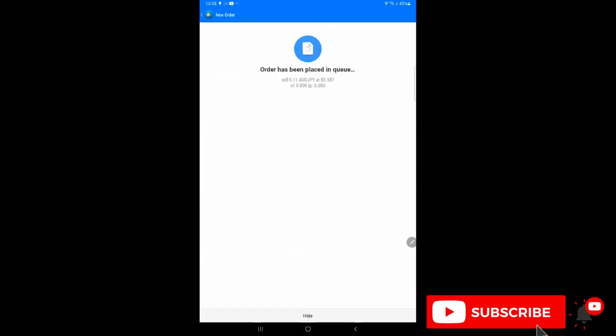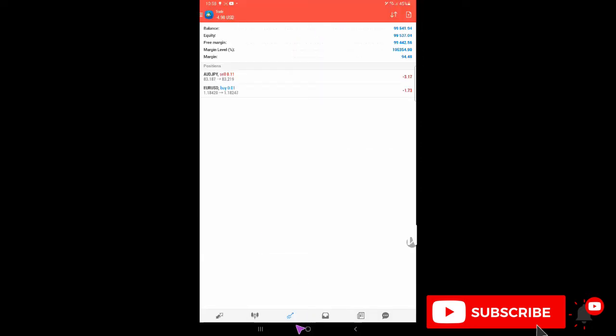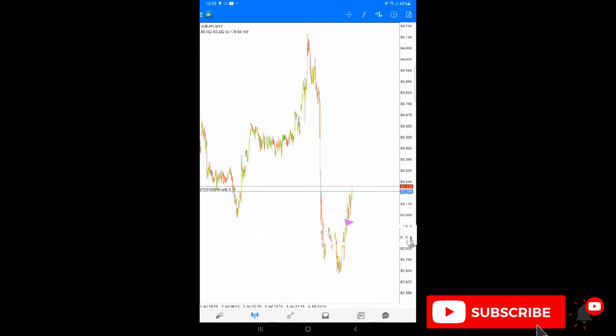Okay, click sell. All right, now this is a demo account. I have this sell now, so I expect this price to come here. That means I want the price to reduce, the exchange rate to fall. Because I expect this price to fall from this zone down to this zone, I'm going to put here as my take profit.